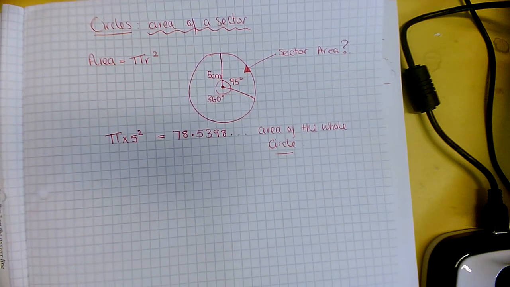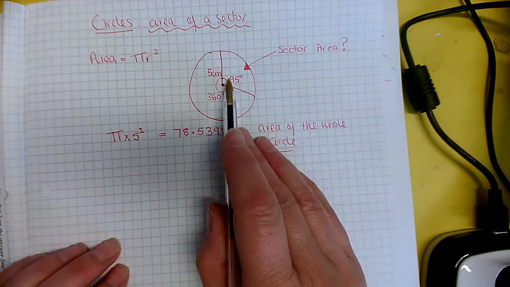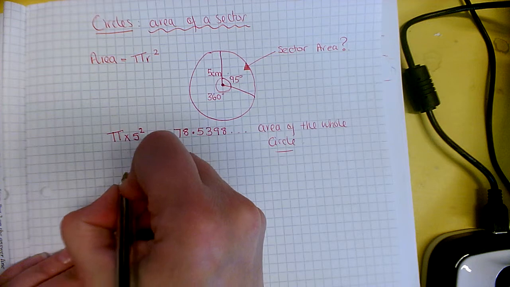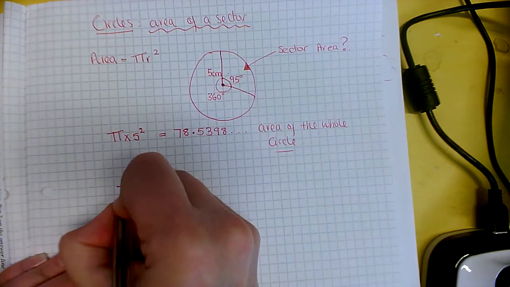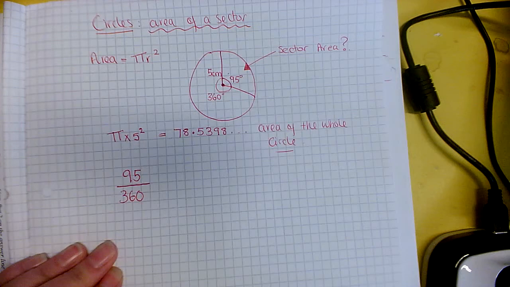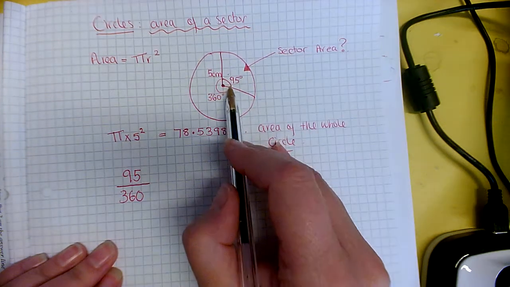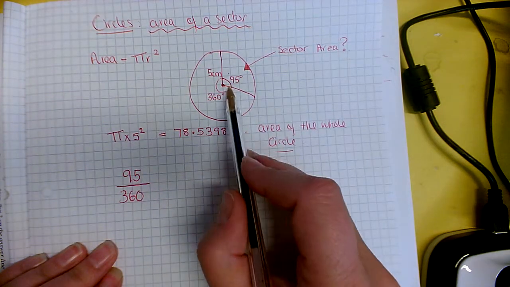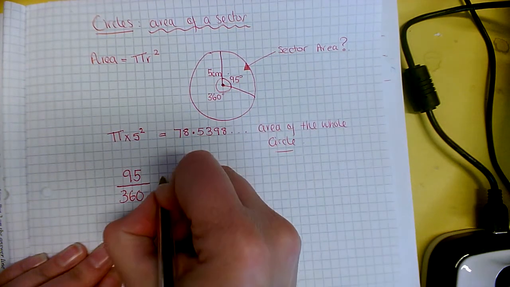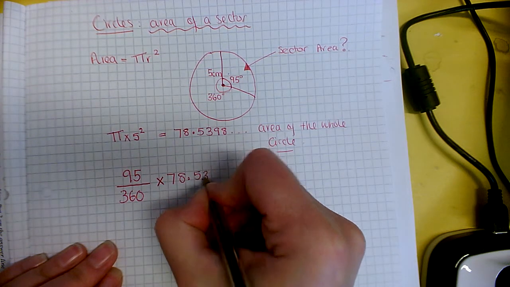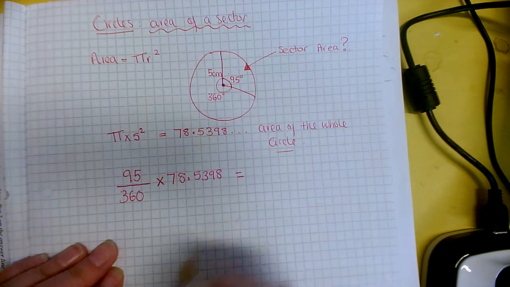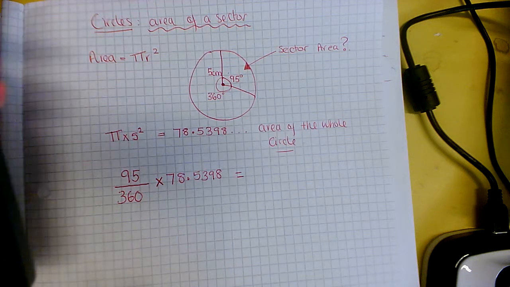So effectively, to find the area for this bit here, I want 95 out of 360. This 95 degrees is like my fraction or my proportion that I want to include of my total area, which we just worked out to be 78.5398.